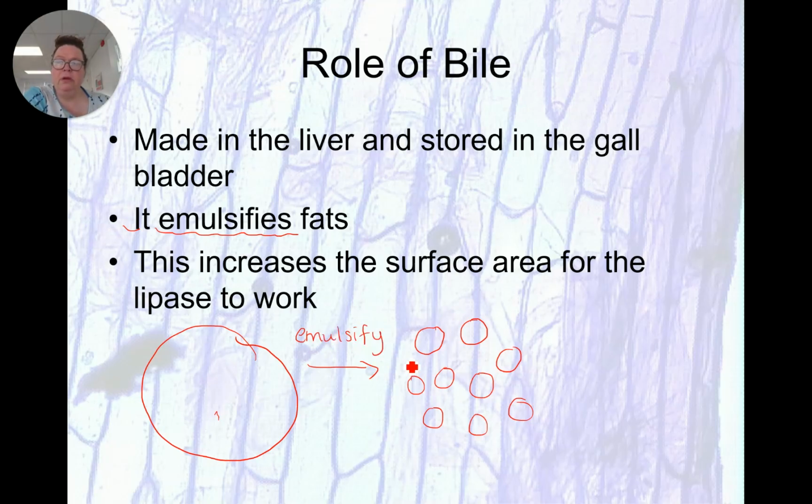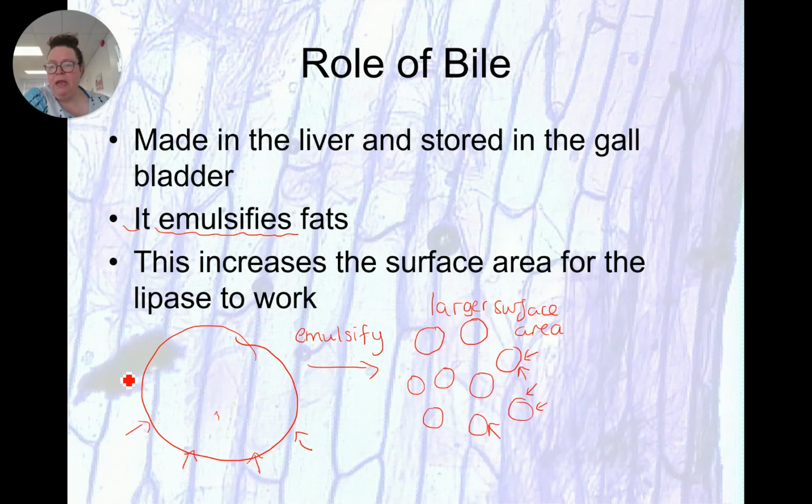Okay, now, answer to every biology question: the smaller droplets have a larger surface area. And that means the enzymes have more surface area to work on. You imagine the poor enzymes trying to break down this big lump. They could only work on the outside. It would take an awful long time.